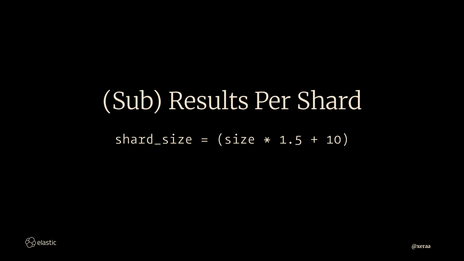So what was size in my example? 1, I only wanted the top 1 document. Multiplied by 1.5, I think if I remember correctly, that's rounded down, plus 10, so I end up with the top 11 documents per shard.